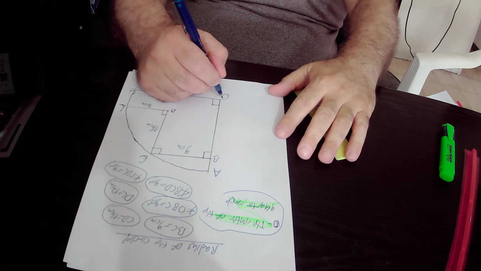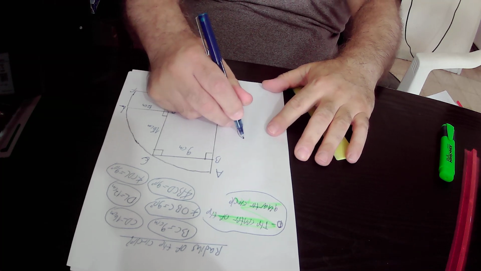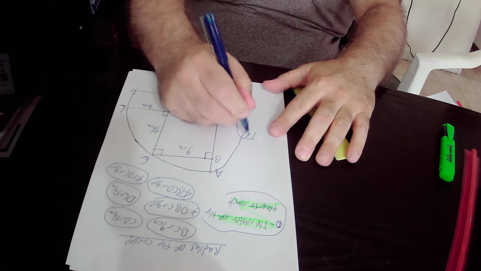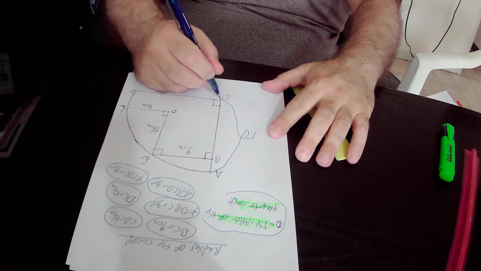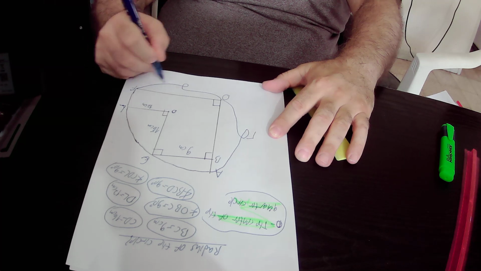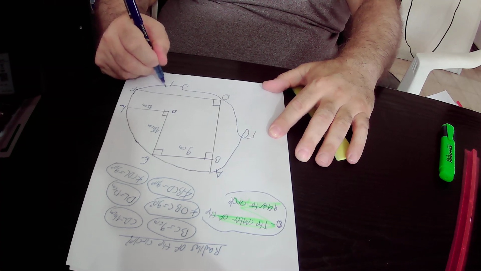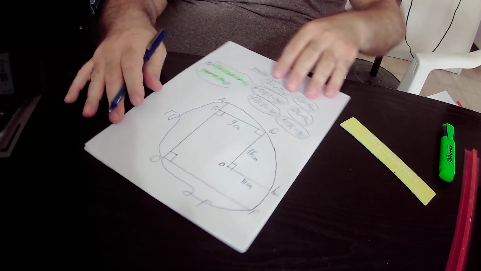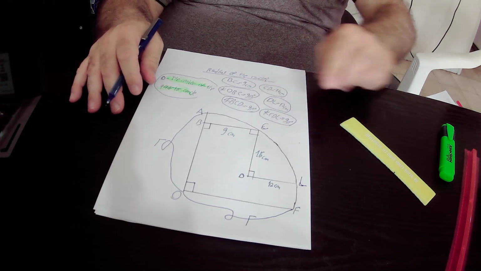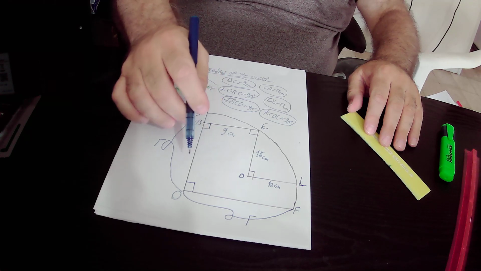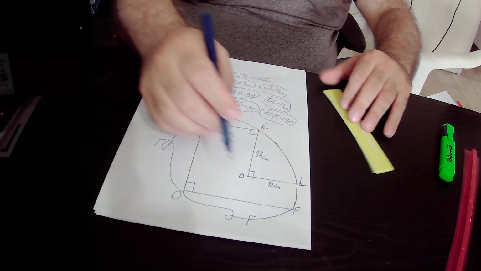So here AO equals R, it is the radius of the quarter circle, and OF also equals R, it is also the radius of this quarter circle. In the next step, we will extend the straight line CD until it intersects with the radius OF.